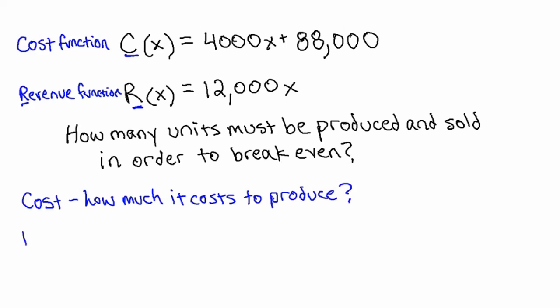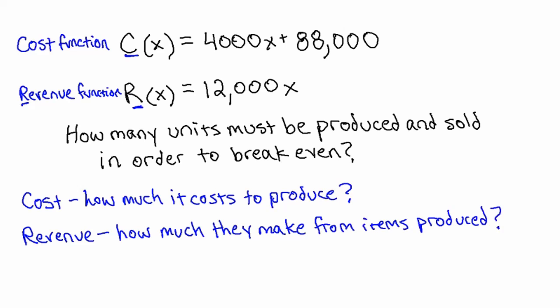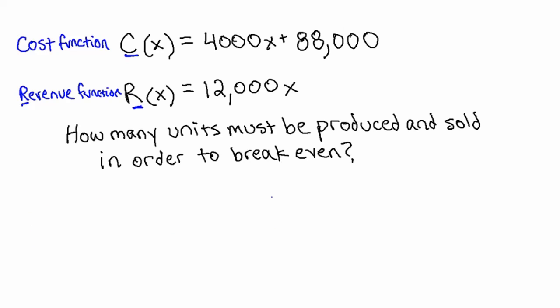And the revenue is how much they make on the items that they produce. So if we read this question, how many units must be produced and sold in order to break even?